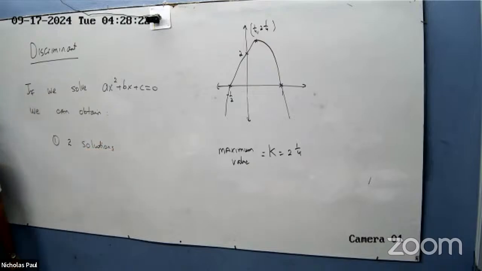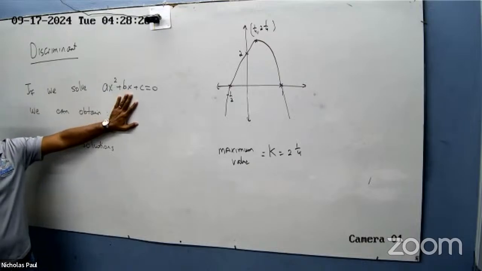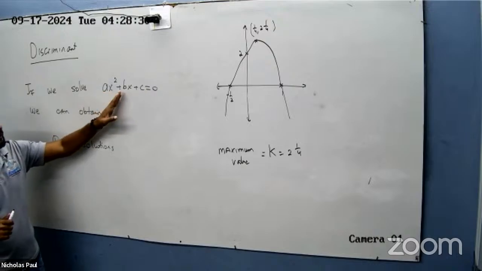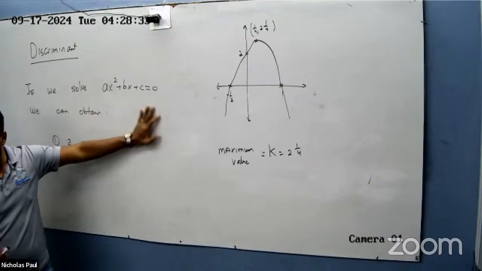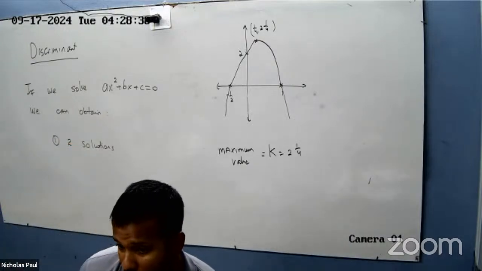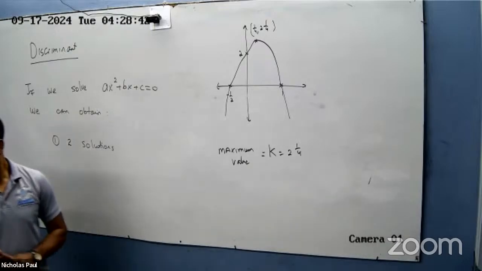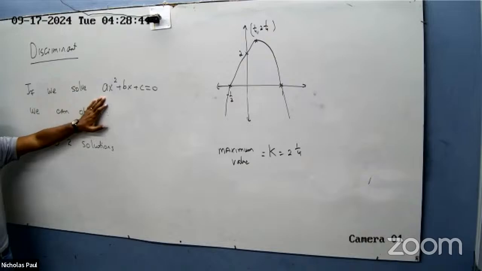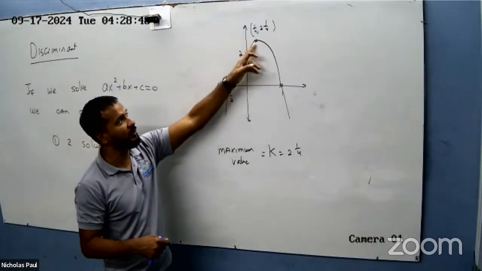All right. So watch this here. The last thing that we did, when we solve ax squared plus bx plus c is equal to 0, we were actually solving what? Roots, right? When we solved this in the last example, we got these two values, this or this.